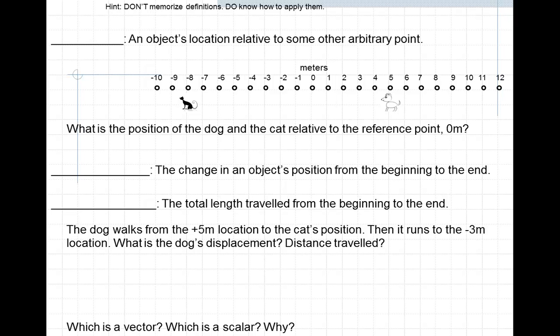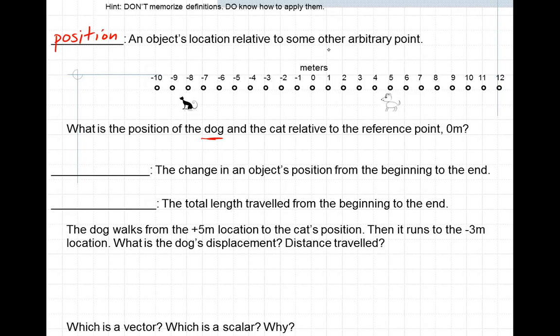Okay, so the first definition we'll go over is position. A position is an object's location relative to some other arbitrary point. So put position there in your notes. Okay, so we don't need to memorize it. We just need to know how to apply it. So what's the position of the dog relative to the reference point?